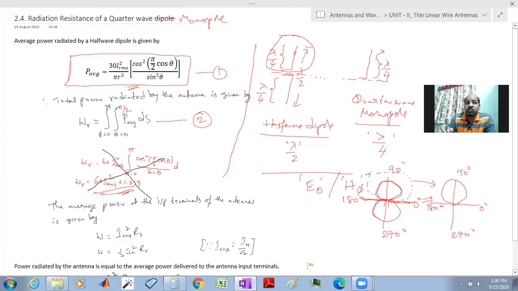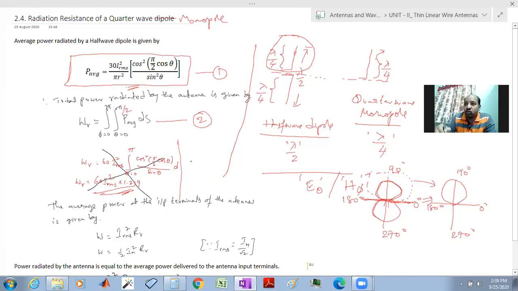This is the only difference, and the rest of the steps are the same. Make a note of it: the only difference is the theta limits, because the quarter wave monopole is half of the half wave dipole. So for the half wave dipole theta is 0 to pi, and for the quarter wave monopole theta is 0 to pi by 2.